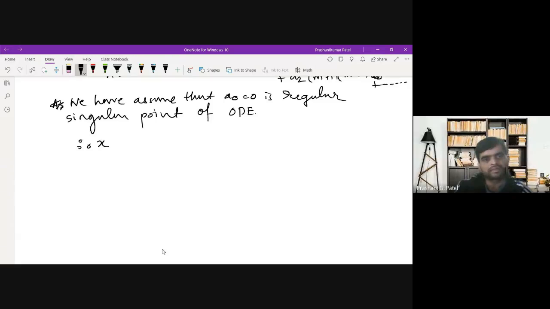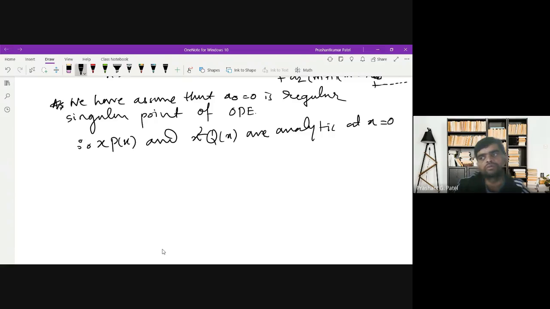Therefore, x p of x and x square q of x are analytic at x equal to 0. If these are analytic functions, they have power series.